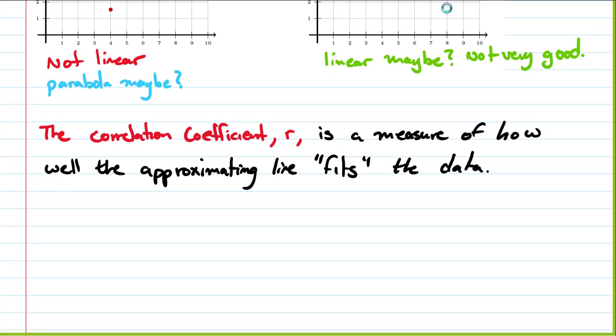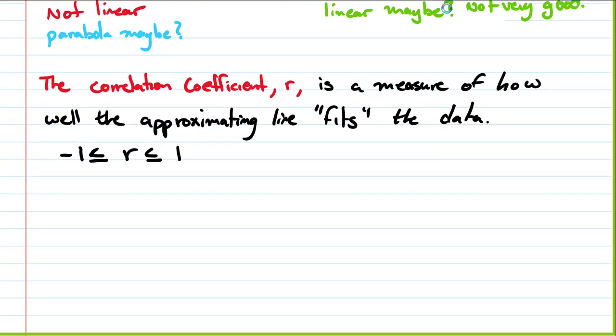So the first thing we need to know, R is always in between -1 and 1. So it's normalized to have a value between -1 and 1.